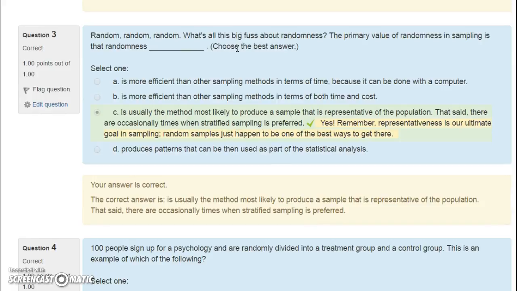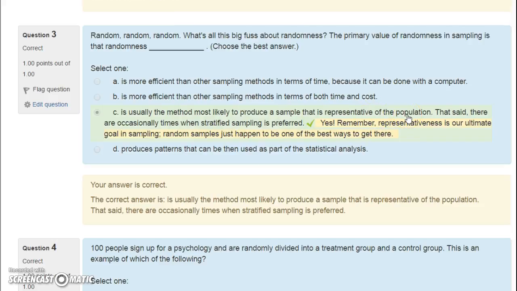Okay, randomness, you've seen this concept come up quite a bit in random sampling and random assignment. So this one is asking about random sampling. Remember, this was typical in observational studies, not very common in experiments, just because it's very, very difficult to take a random sample and then make them do an experiment. But the power of it in sampling is that it produces a sample that's representative.